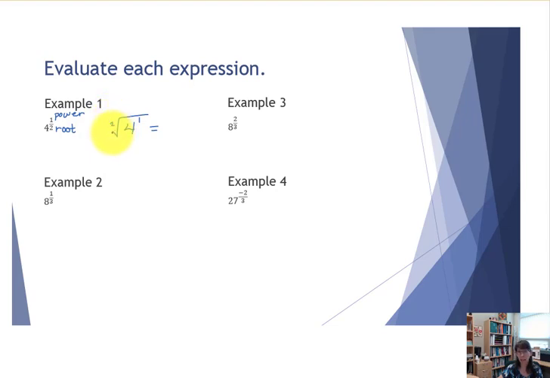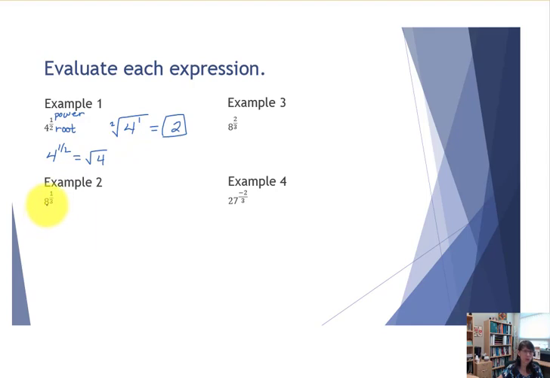It's already implied that there's a 2 for the index if it's square root. But you can write it if you want to. So that means we're really looking for the square root of 4, which is 2. That's our final answer. So what hopefully you're going to get from this is knowing that 4 to the power of half is the same thing as finding the square root of 4.